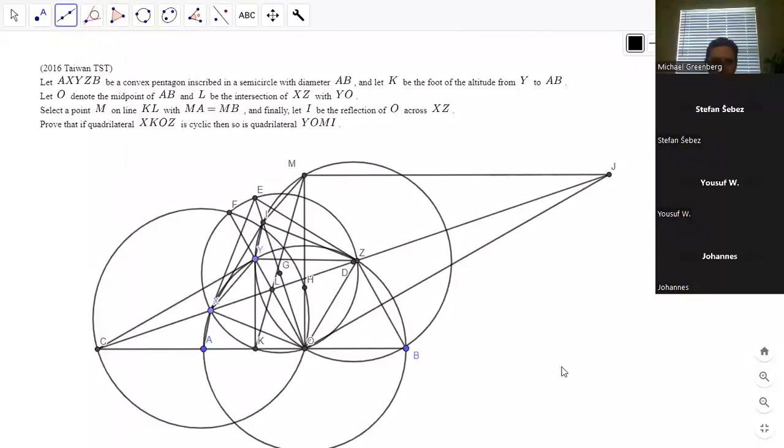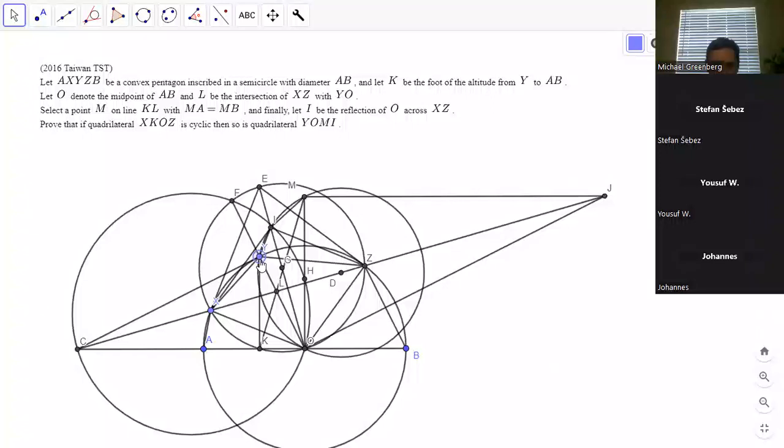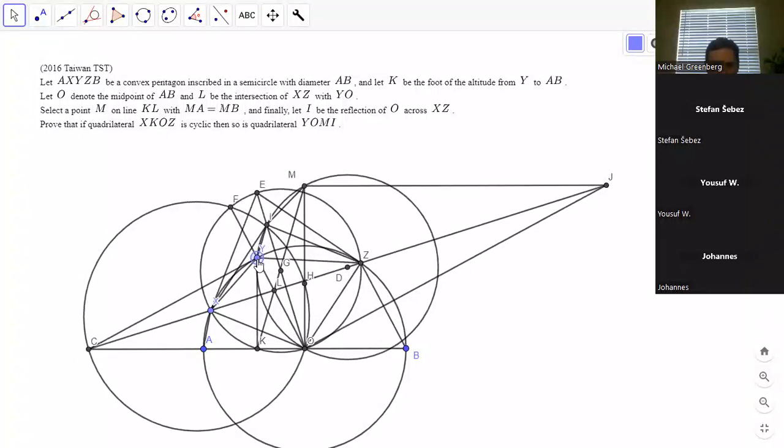But I will just say some stuff I found about the point D in this picture. I proved that D is the circumcenter of OIM. We can prove that because D is the midpoint of CJ, so DM equals DO.